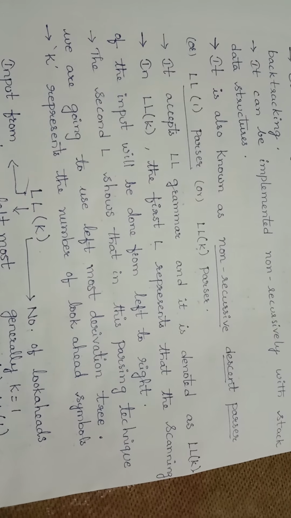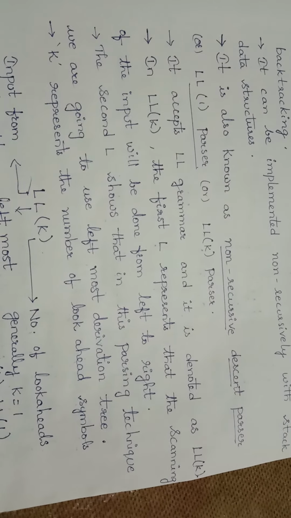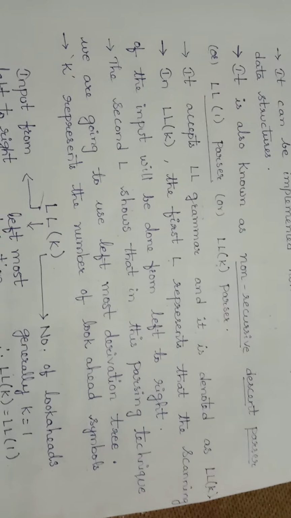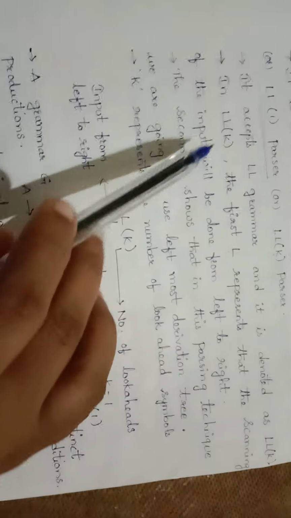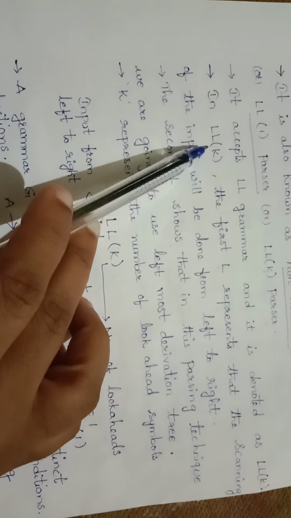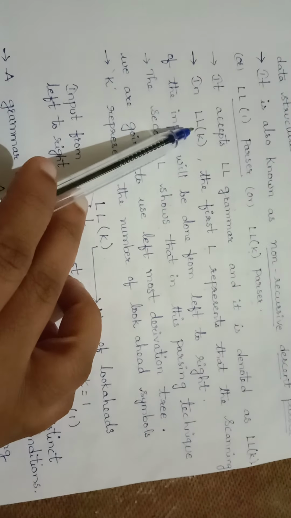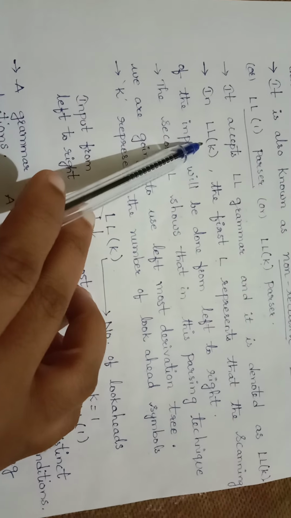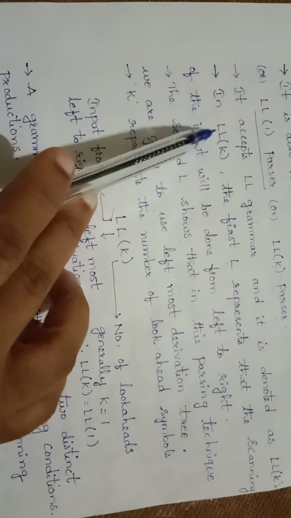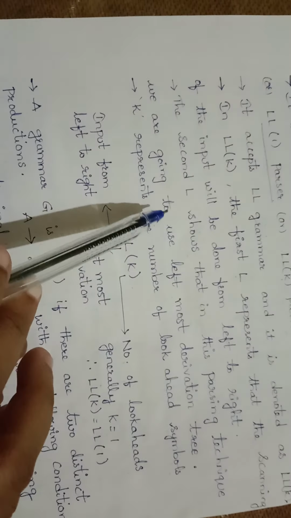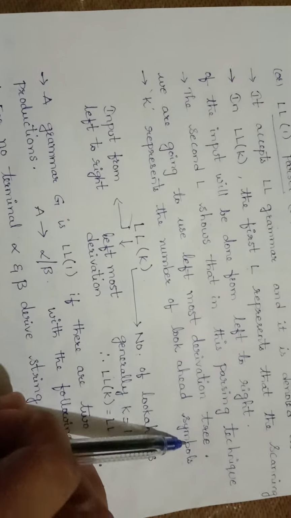It accepts LL grammar and it is denoted as LLK. In LLK, the first L represents that the scanning of the input will be done from left to right, and the second L shows that in this parsing technique we are going to use leftmost derivation, and the K represents the number of look ahead symbols.